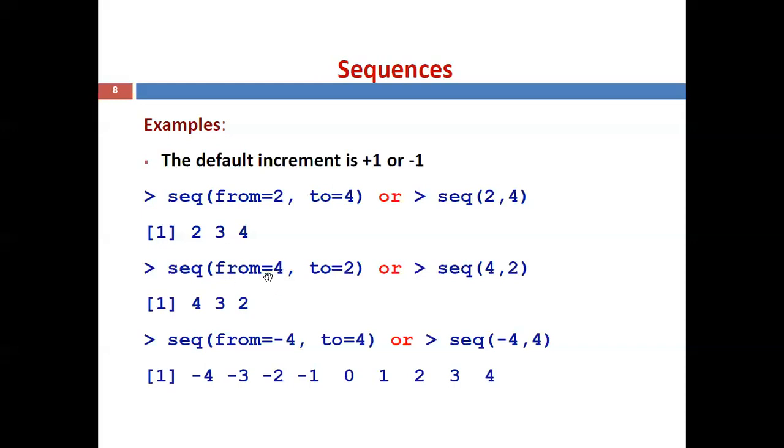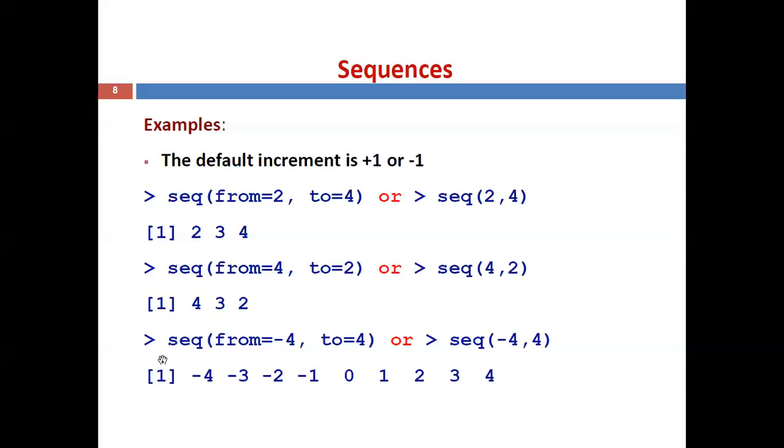Because a sequence from the highest value to the lowest value needs to be generated. So by default the decrement value is minus 1. First it takes the starting value 4, then decrements by 1, 4 minus 1 is 3, then 3 is decremented by 1, that is 2.